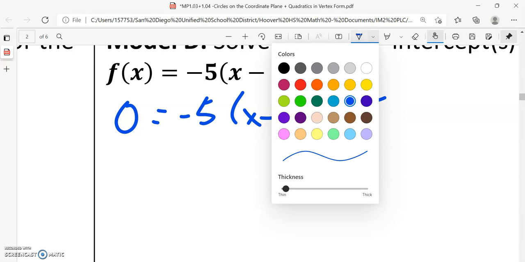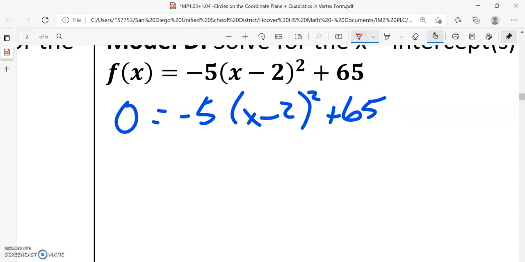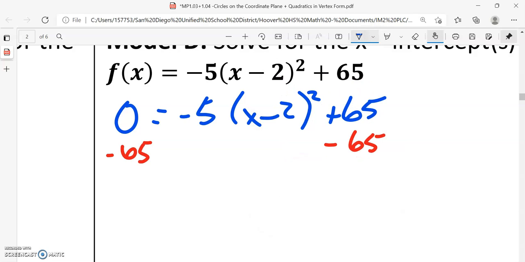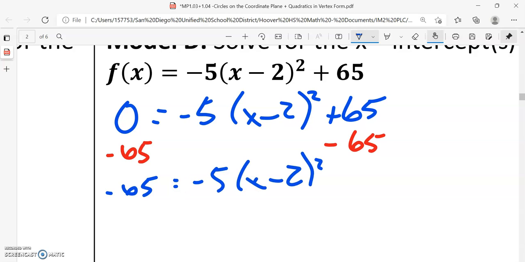First thing we want to do is subtract 65 from both sides. So our new equation is -65 equals -5 (x minus 2) squared.